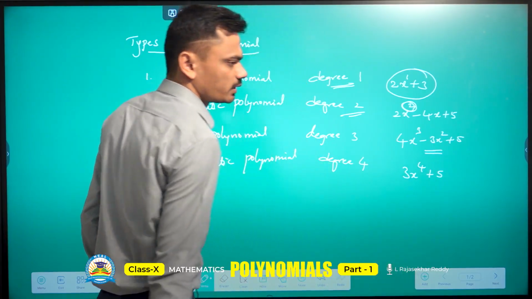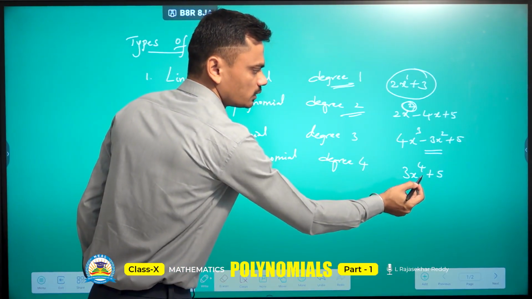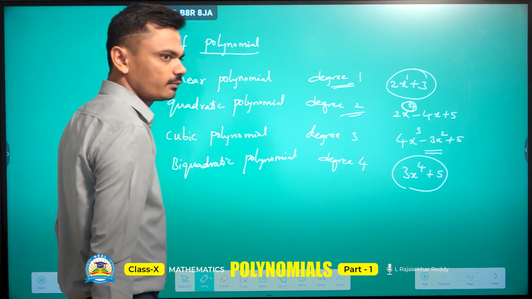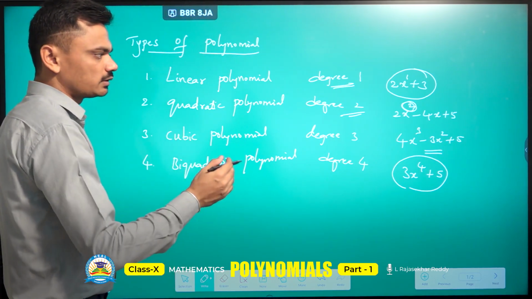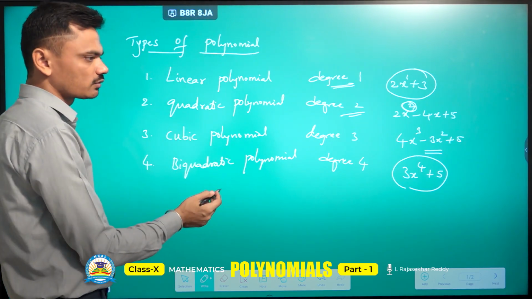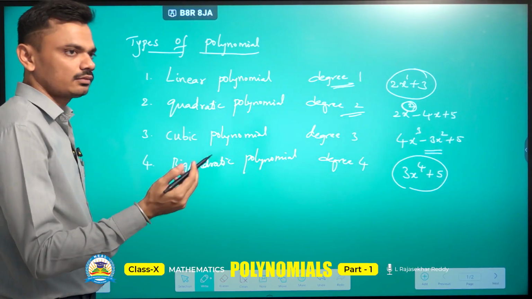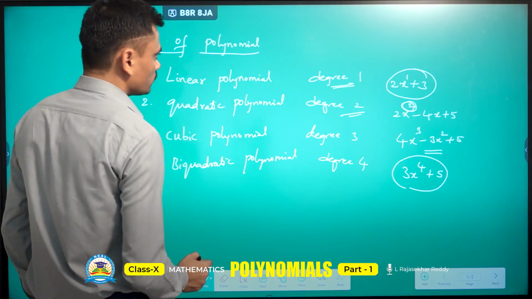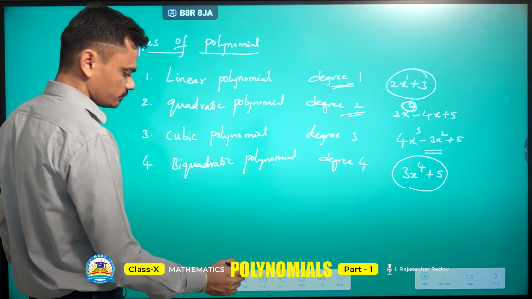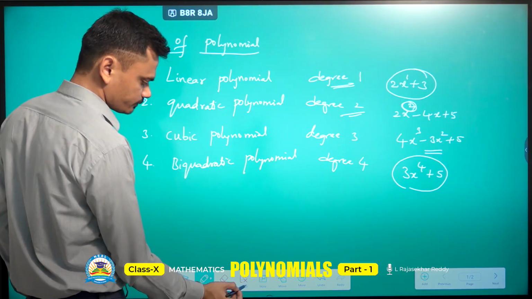See, I have written one polynomial here, the degree is 4. So this is a biquadratic polynomial. Then from degree 5, 6 onwards you can call it a 5th degree polynomial, 6th degree polynomial, 7th degree polynomial, like that. This is about the degree of a polynomial and its types.